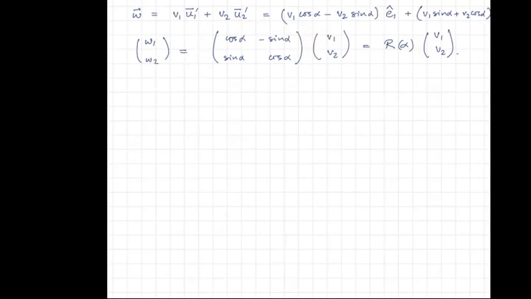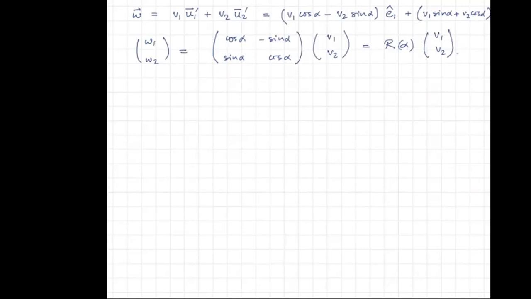So an active rotation in two dimensions is a rotation of the position vectors of the plane with respect to a fixed coordinate system. And what we see is that this equation relates the components of the original vector to the components of the rotated vector in a fixed basis. That's what is important. One way to visualize this is to imagine taking a piece of paper and drawing some coordinate systems on it.